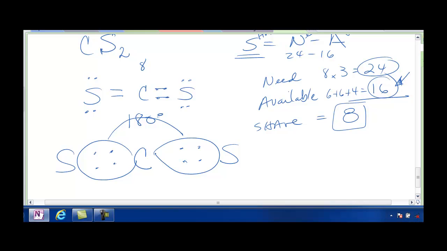So if the central atom only has 2 regions of electron density, I don't care if it's a single bond or a double bond or whatever, it's a negatively charged region. An electron density is negatively charged. That repels the second electron density that's negatively charged. If one's pointing east, the other one's going to be pointing west. If one's pointing north, the other one's going to be pointing south.